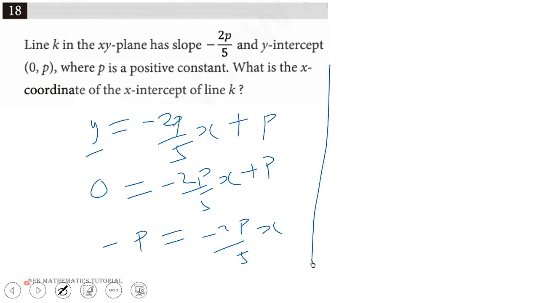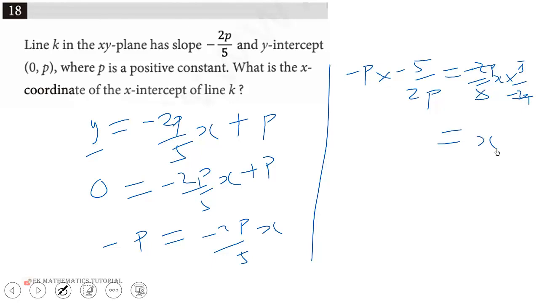So we get negative p times negative 5 over 2p is equal to negative 2p over 5 x times 5 over negative 2p. So this will get rid of this, we're left with x here. This will get rid of this, we're left with positive 5 over 2. So x equals positive 5 over 2 is the x-coordinate of the x-intercept of line k.